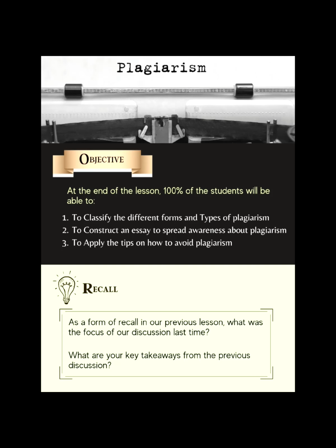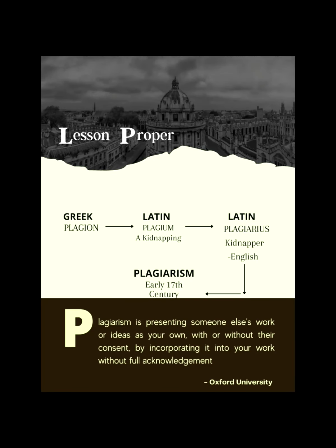Number 2, to construct an essay to spread awareness about plagiarism. And number 3, to apply the tips on how to avoid plagiarism. So we're expecting that we meet our objective at the end. So now, let us begin.